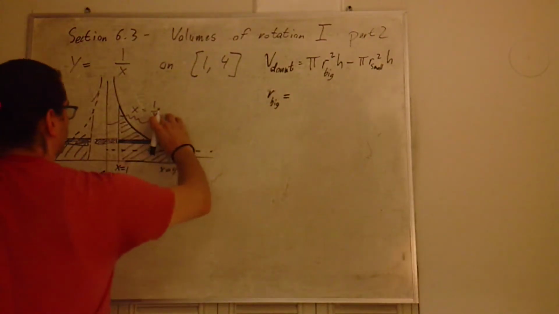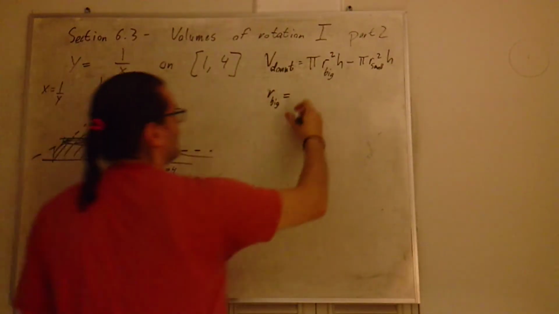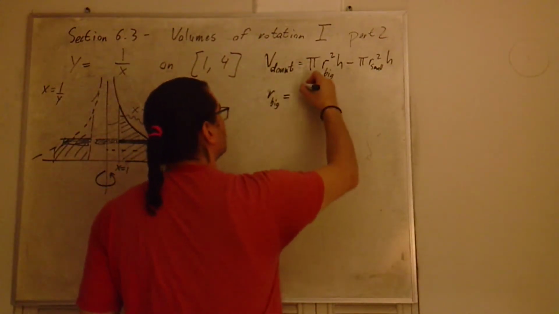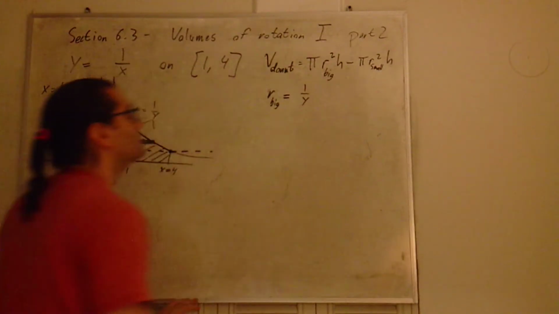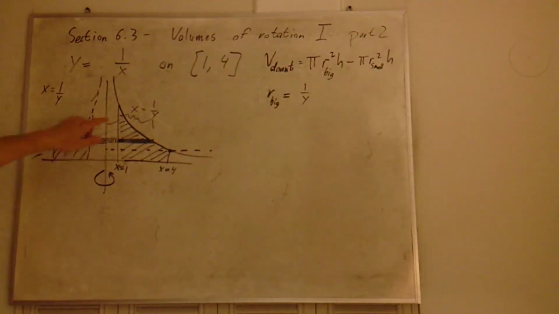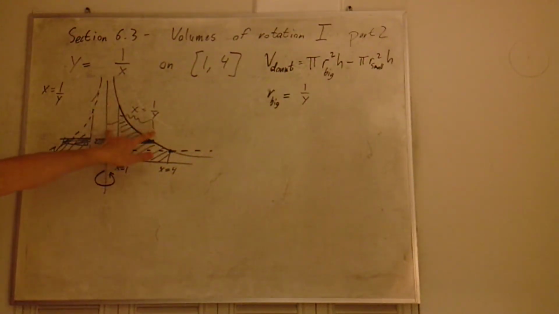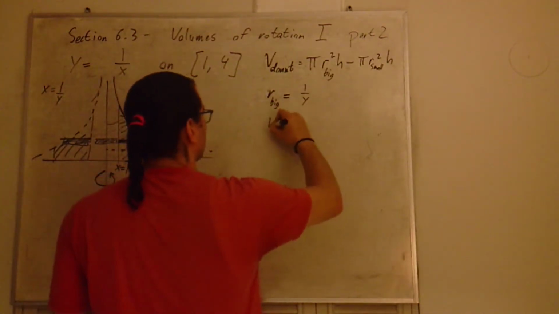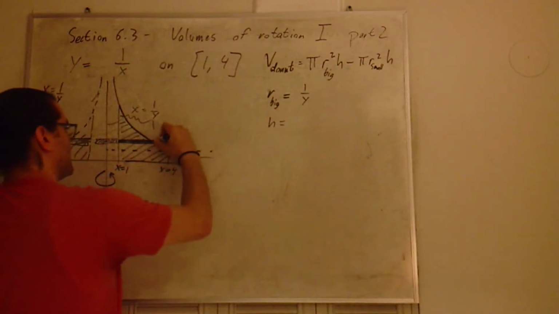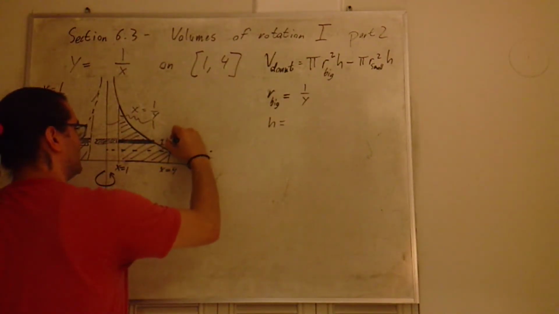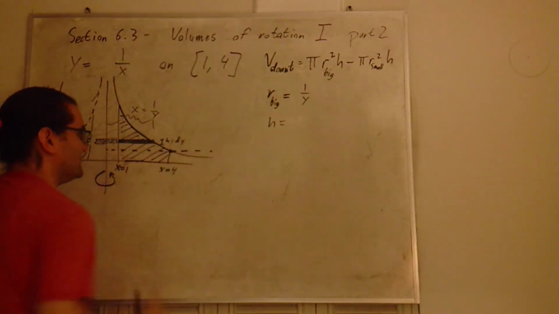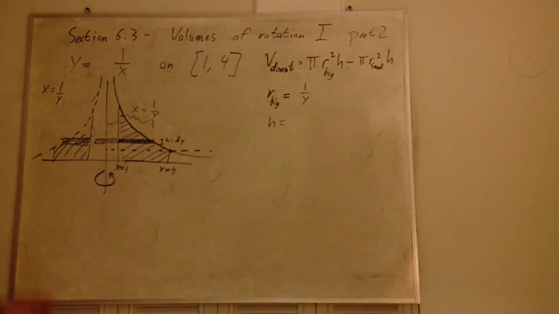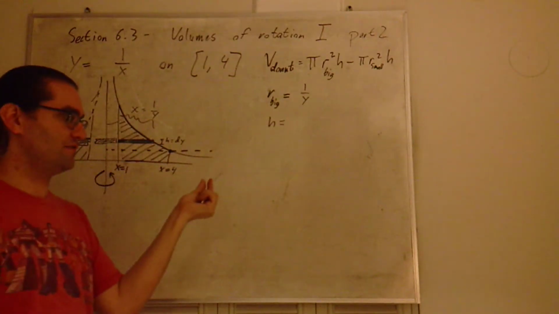So this x value is 1 over y. That's the big radius. H, in this case, is going to be the height of this little disk. And that's dy for us here. Usually it's a dx when we put it on the x-axis because it's a tiny, tiny little chunk of the x-axis.